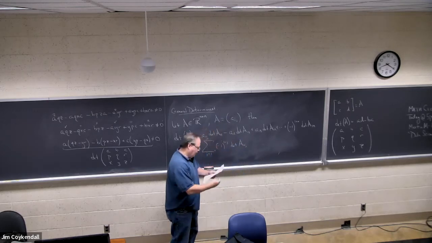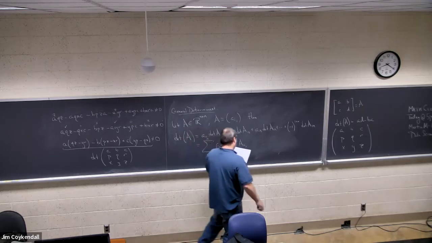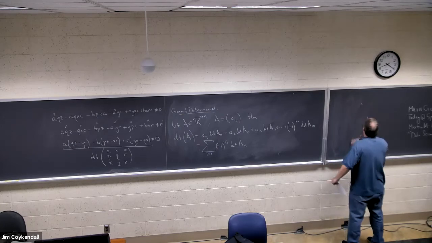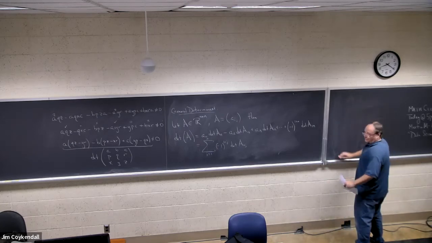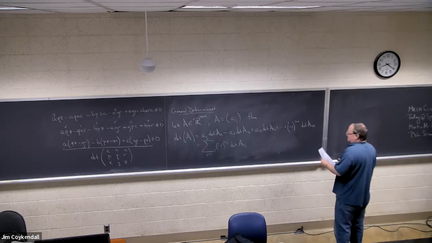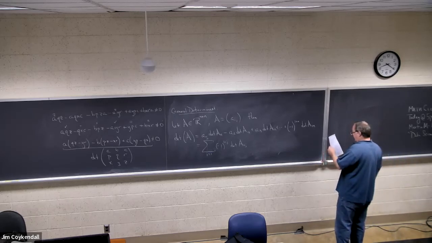Now, I haven't told you what this is, and this is what makes determinants a little bit tricky. They're not bad for small values of n, for small size matrices, but doing this computation gets out of hand pretty quickly.